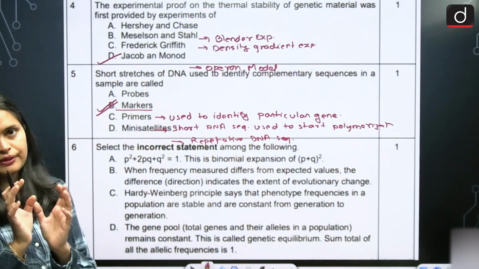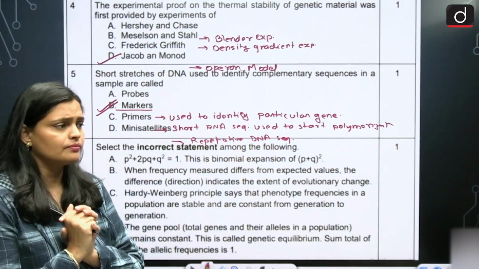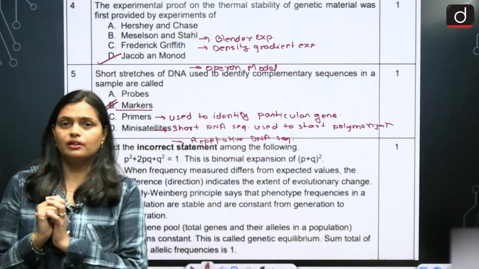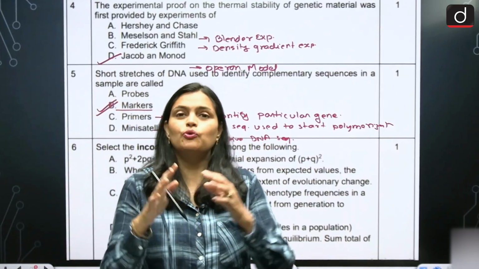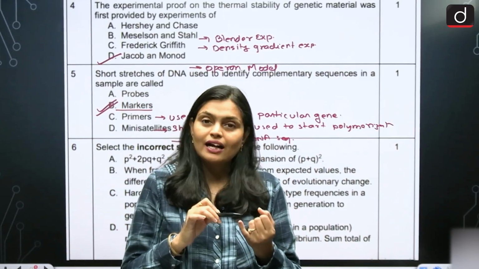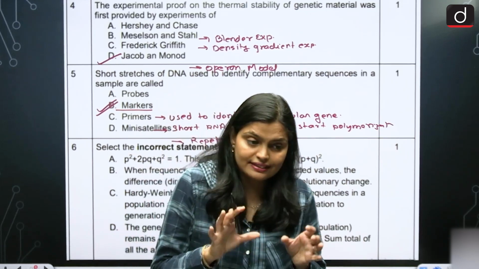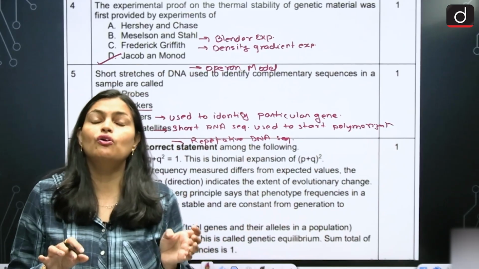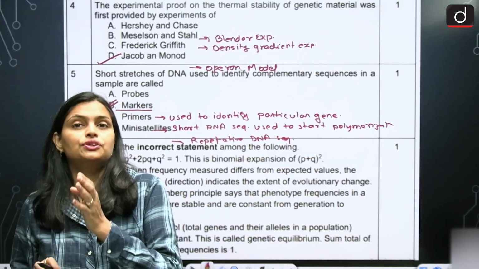Let me first explain the Hardy-Weinberg equilibrium. He suggests that in a population, the genotype and the allelic frequency will be constant, and the same frequency of allele and genotype will pass from generation to generation.